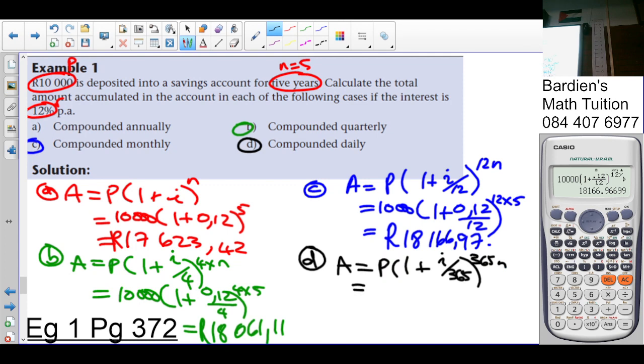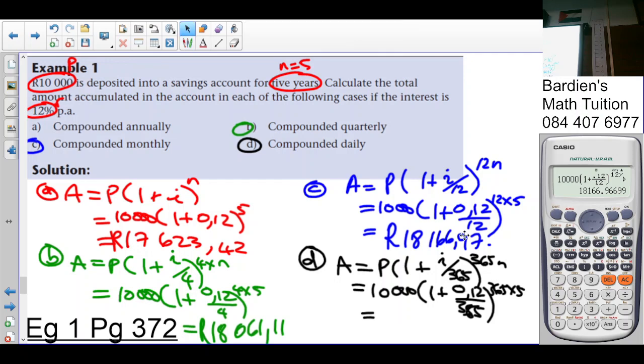Your starting value is 10,000 into 1 plus 0,12 over 365 to the 365 times 5, for 5 years.